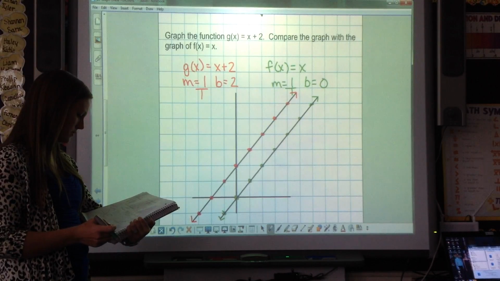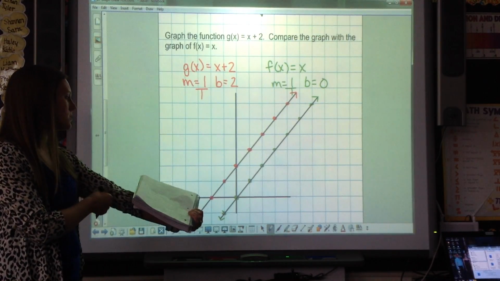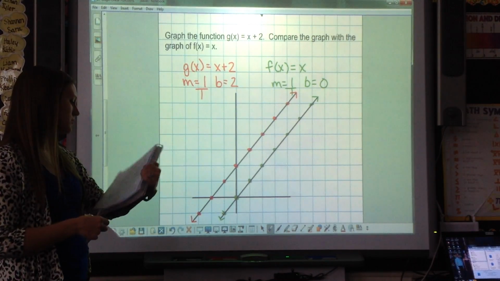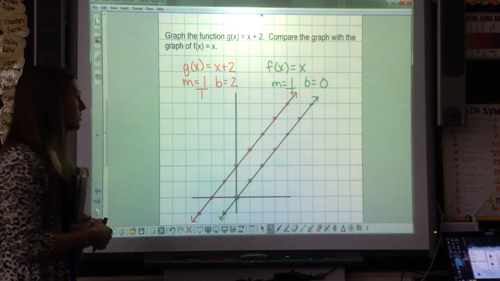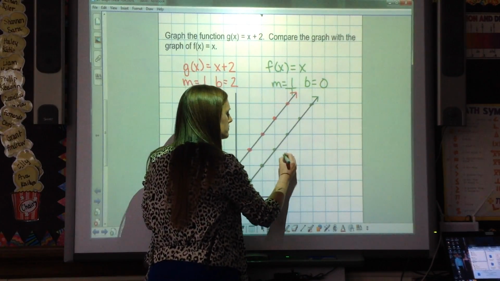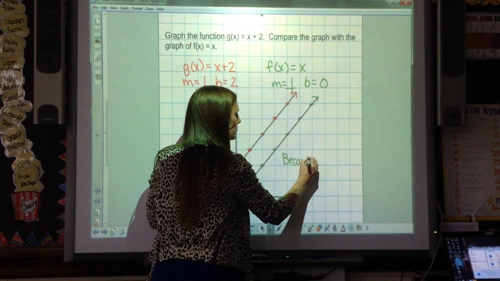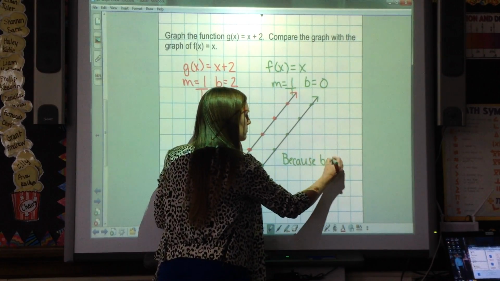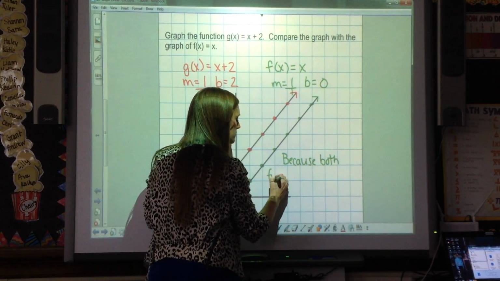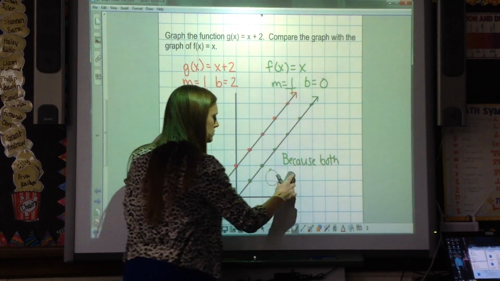Okay, so we're going to say, because these two have the same slope, the two functions are parallel. Oh, I should be writing this in black.